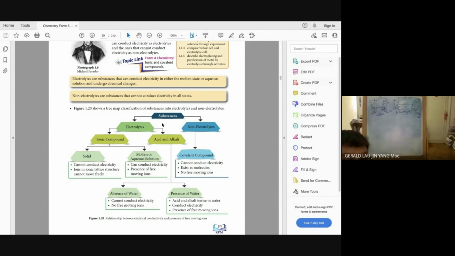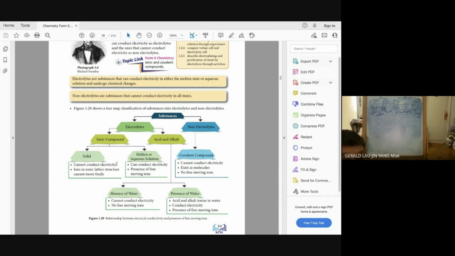However, an electrolyte can be an ionic compound or acid and alkali. Ionic compound in solid form cannot conduct electricity, as in chapter 5 from form 4, because the ions are attracted by strong electrostatic forces with no free moving ions. They're in the lattice structure. But if you heat it up so it becomes molten, or you dissolve it in water as an aqueous solution, then yes, because it has free moving ions.